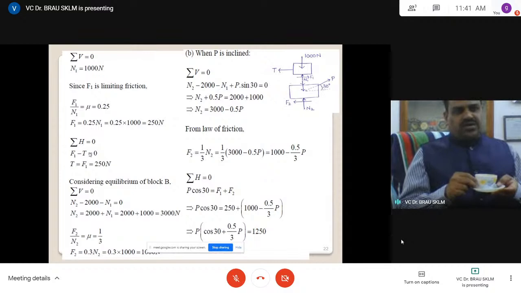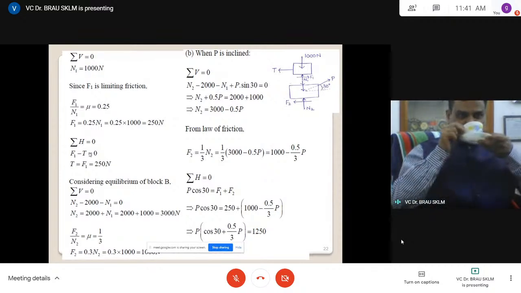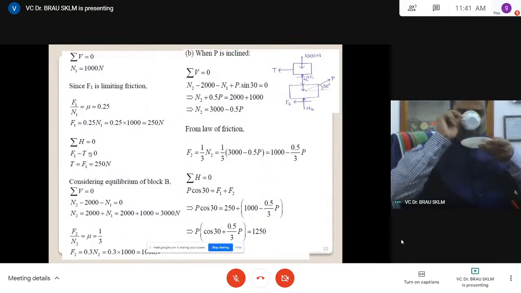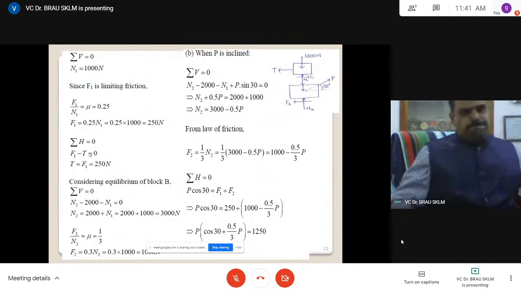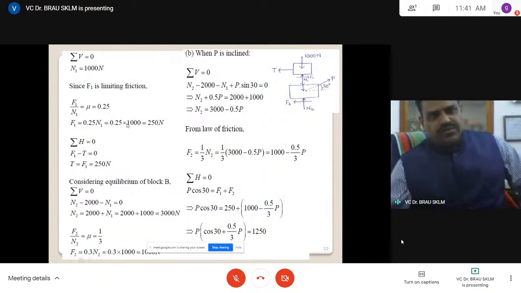From this, T is equal to F1. F1 is equal to mu times N1. The mu value is given as 0.25, so F1 is 250 newtons. This is block A. When you are applying it to block A, these are the equations.